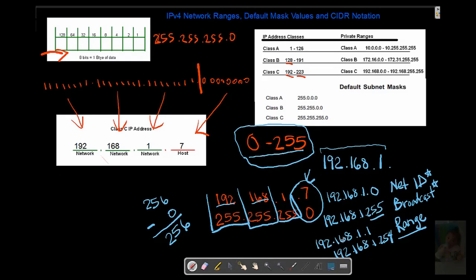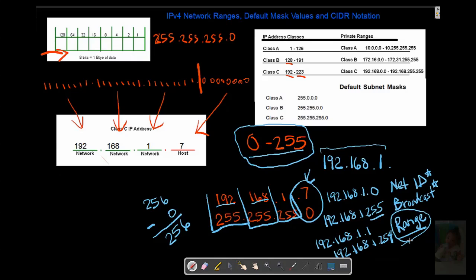Anything from 192.168.1.1 to 192.168.1.254, anything in that range is what I can put to a PC, to a device, a phone that may be attaching to my network, to a printer, to a server. But recall that we have to understand this, because we cannot have duplicate IP addresses on a network. Therefore, that's where our ranges come into play.